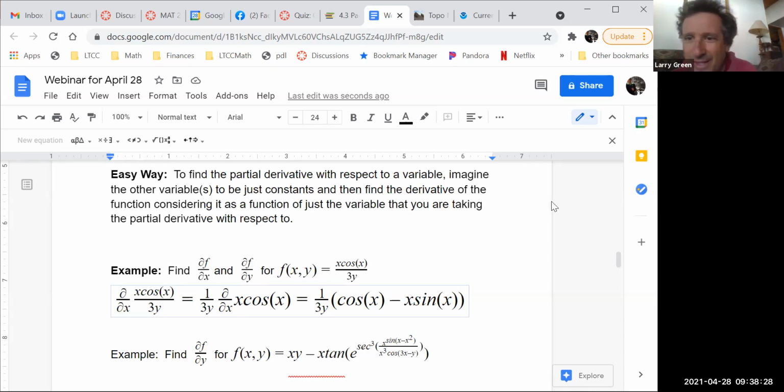Okay, let's see if a few of you did it. Negative x cosine x over 3y squared. I see a negative 3y to the negative 2, x cosine of x.